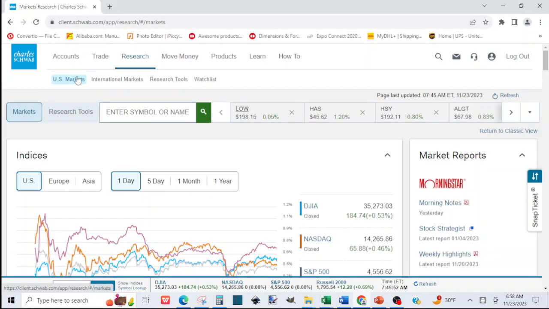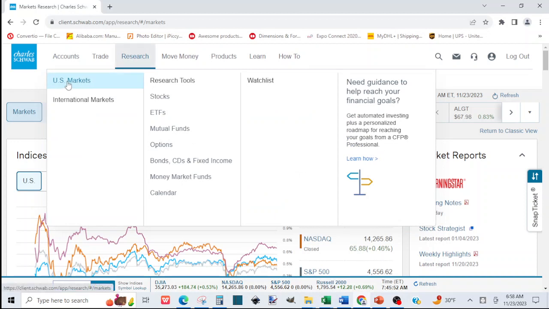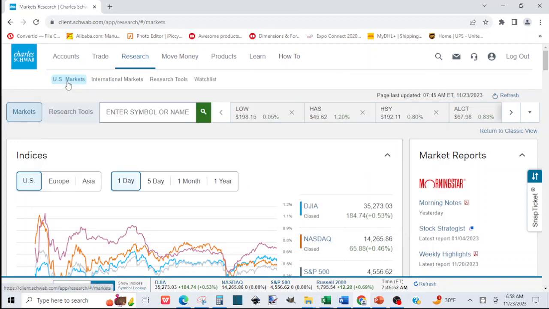So when you log into your account, by default, you will be under account and summary. So you will click on research and you click on US market. And when you do that, you look at return to classic view.